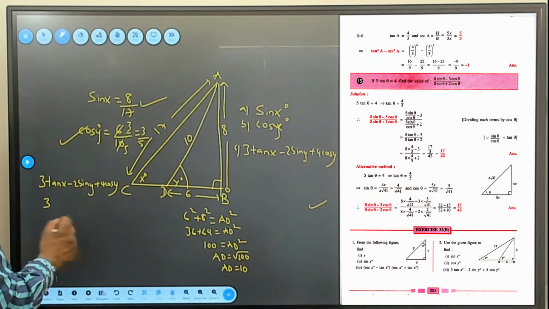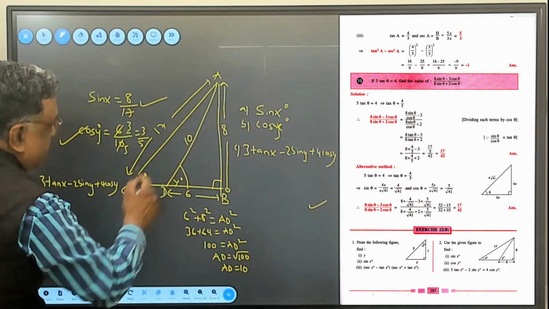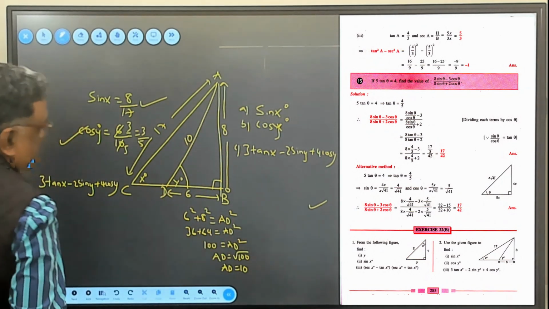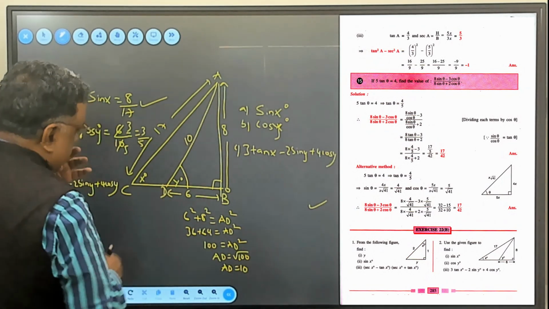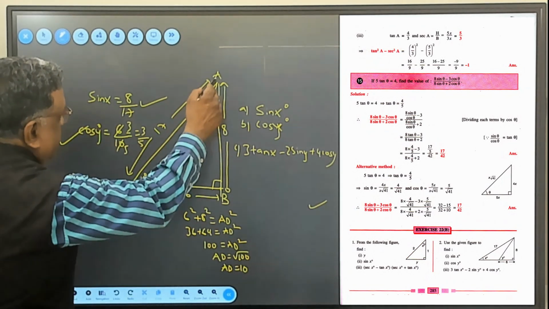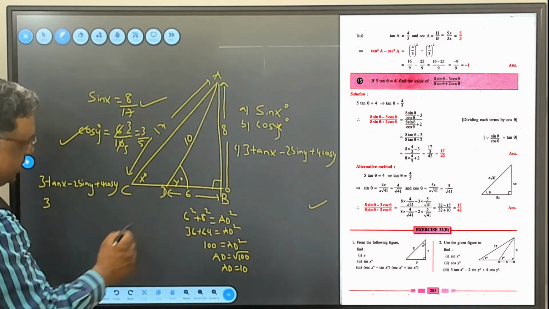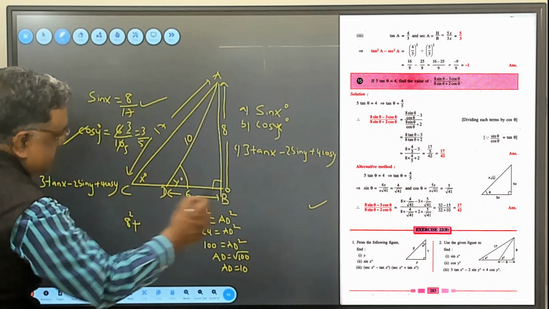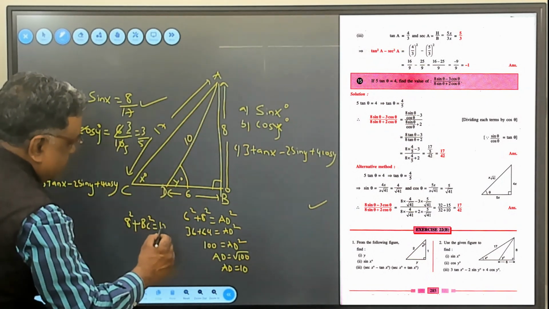So 3 tan x, for tan x we'll consider this right angle triangle ABC, opposite upon adjacent, but we do not know the value of CD. That also we'll have to find out. So let's try to do Pythagoras theorem on ABC triangle. So that will be 8 square plus BC square is 17 square.